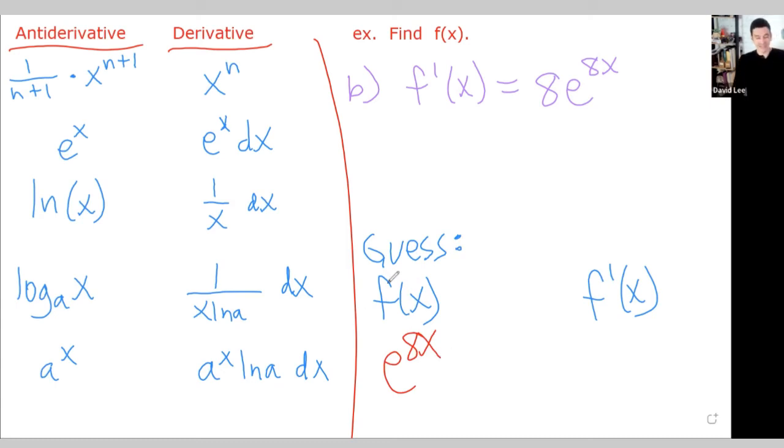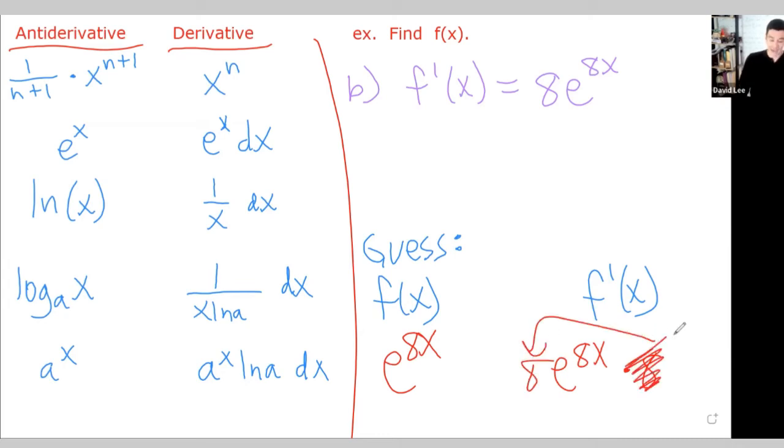Let me just check this. Let me find the derivative of my guess. So if my guess is e to the 8x, what's the derivative of e to the 8x? We'll do what you did in the first part of this video when we found derivatives. Well, the derivative of e to the 8x is, first of all, itself times the derivative of the exponent. And the derivative of 8x is 8, which you can put right here if you want to.